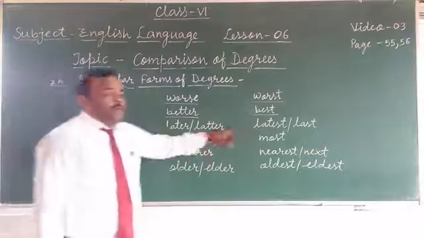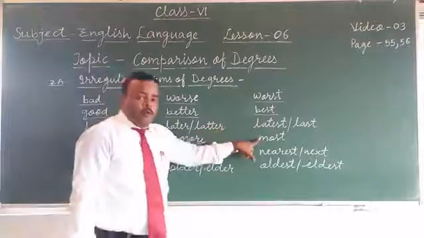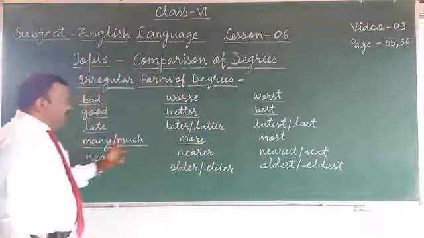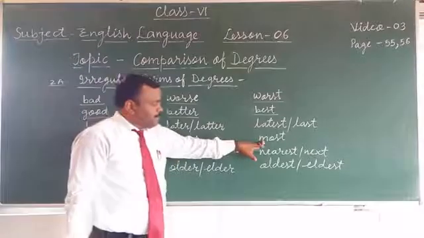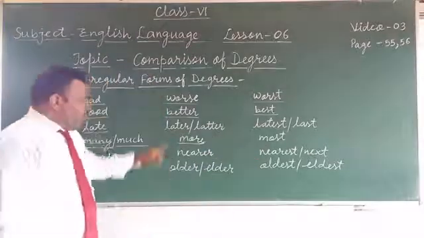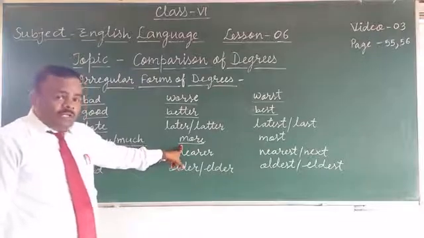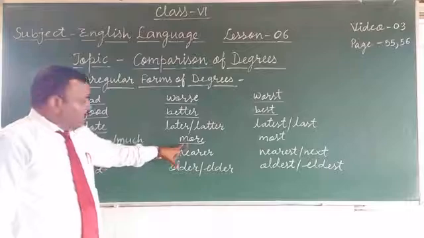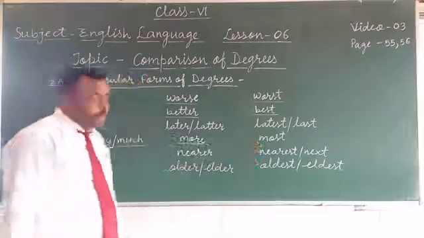Many, more, most, and much, more, most. Many and much are positive degree, and comparative is more, and superlative is most. So for number and quantity, both we use more and most. Okay.